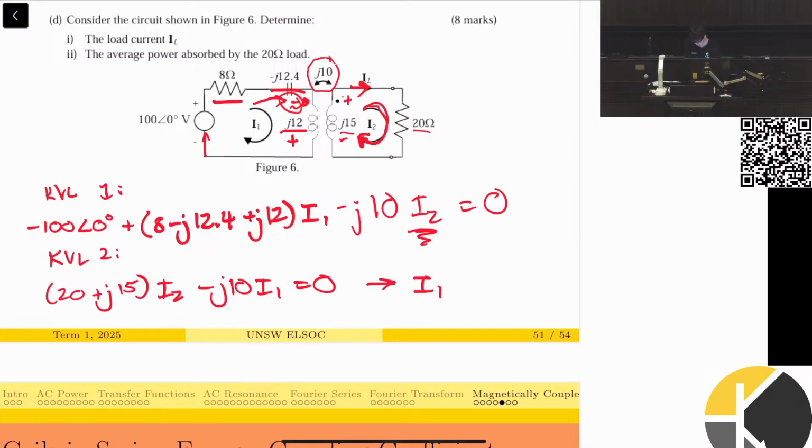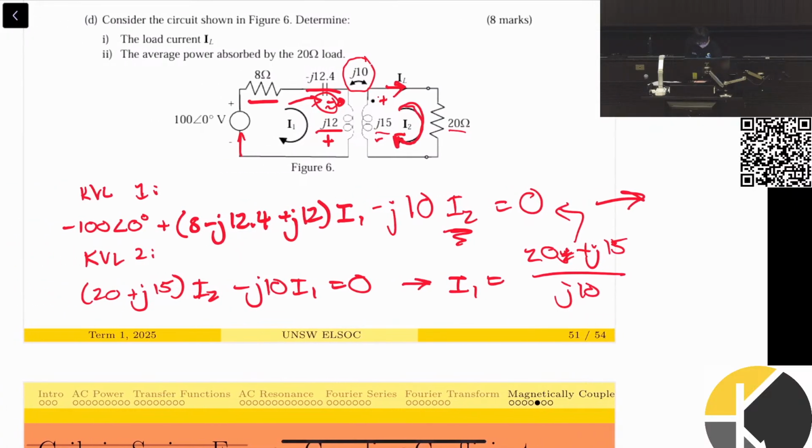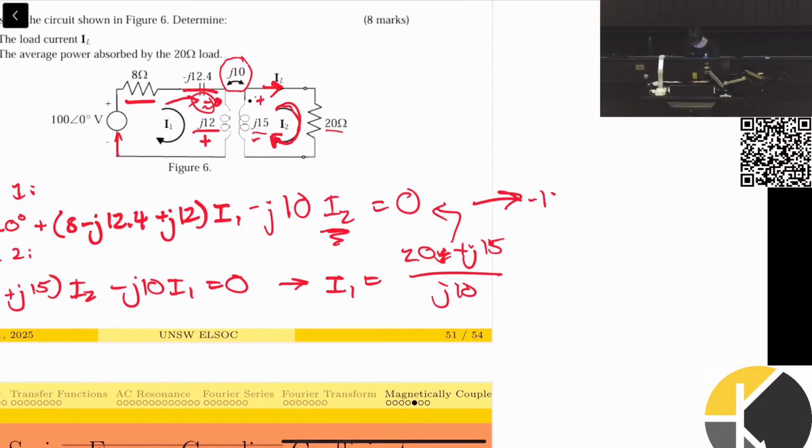To get an expression for I1, I'll use the second mesh, and this will give us a value of (20 plus j15) over j10. If I sub that into my original equation, I will get a massive expression. So this is 8 plus, minus 12.4 plus 12 is minus 0.4, so this is minus j0.4 I1.